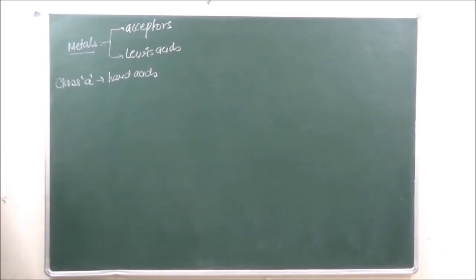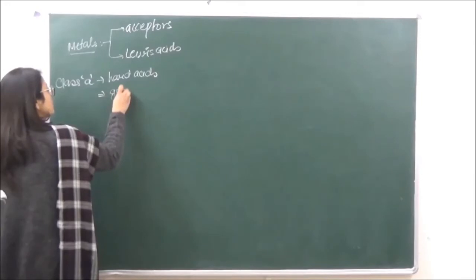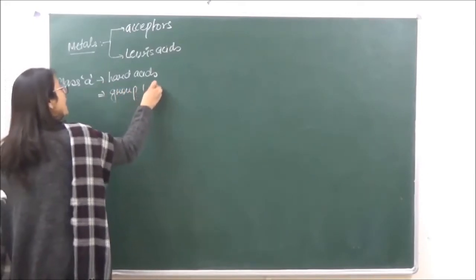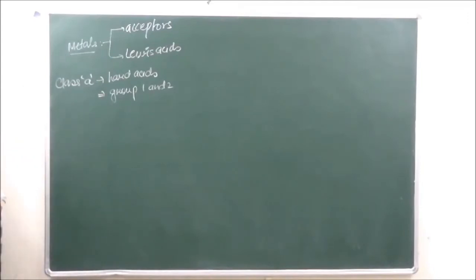Okay? So generally the metals of group 1 and 2, that is alkali metals and alkaline earth metals, are going to come under this category, and the inner transition metals.